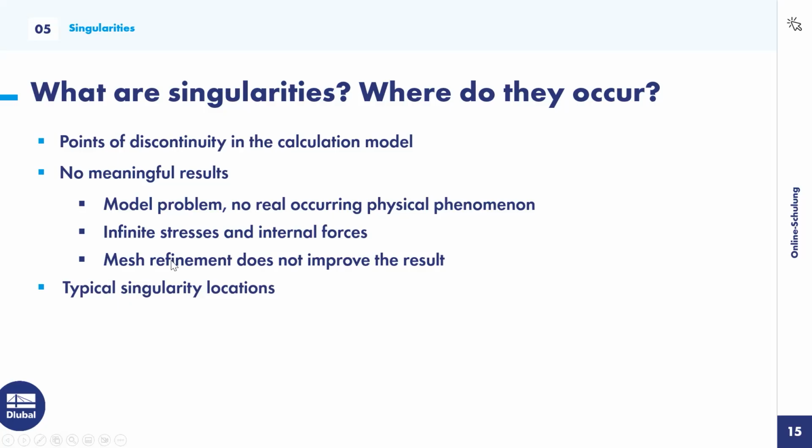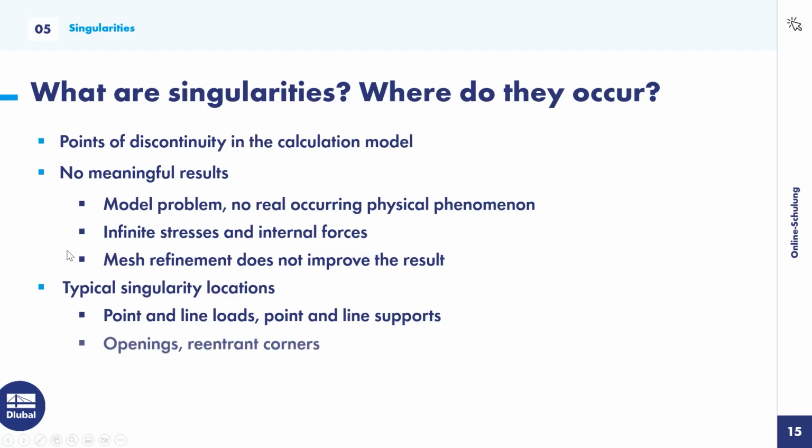And for RFEM, or in general, there are different locations where singularities can occur. These are point and line nodes, also point and line supports, which are from the physical understanding kind of the same, and openings and re-entrant corners, as well as when the stiffness makes jumps.